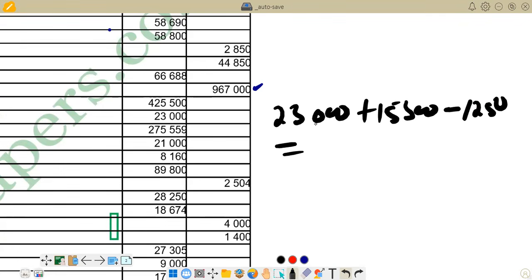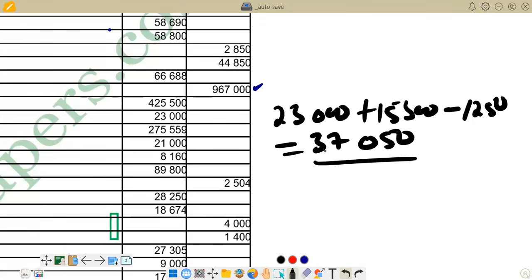Let's see what we get. 23,000 plus 15,300, minus 1,250. We get 37,050. So this is the net figure that we have for our debtors control.